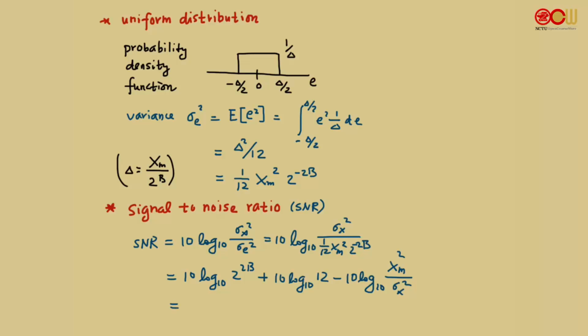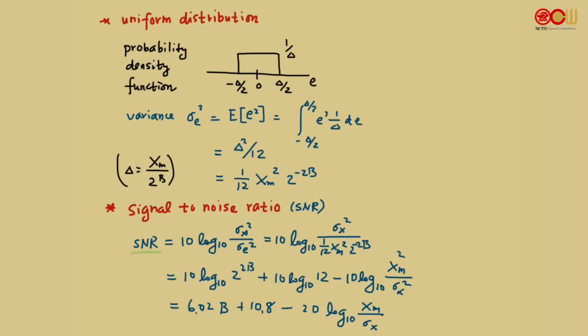And 10 log 10 of 2 is equal to 3.01 dB. So this is equal to 6.02b plus 10.8, since 10 log 10 12 is 10.8, minus 20 log 10 of xm over sigma x.